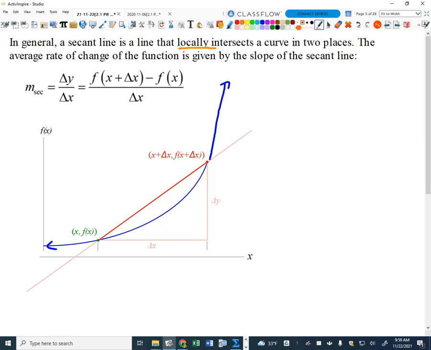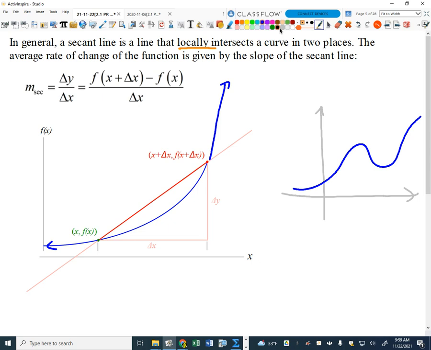It's possible that we could have some function that winds around a whole bunch.